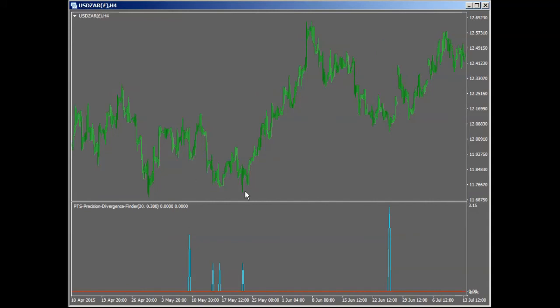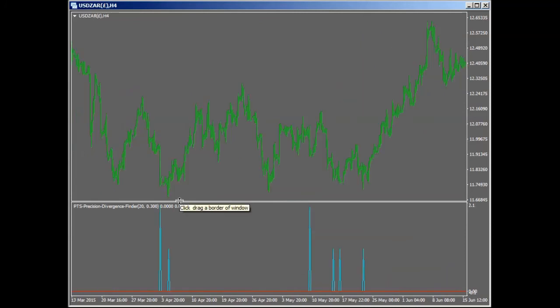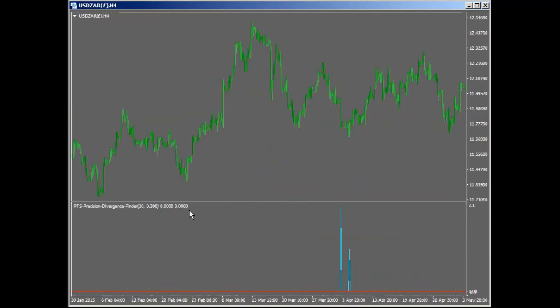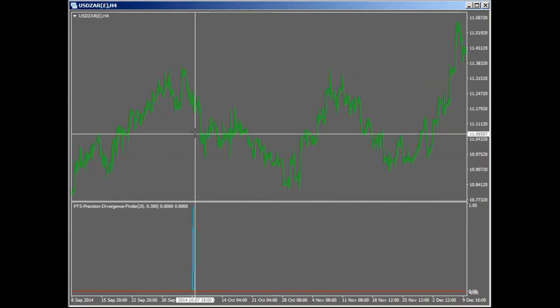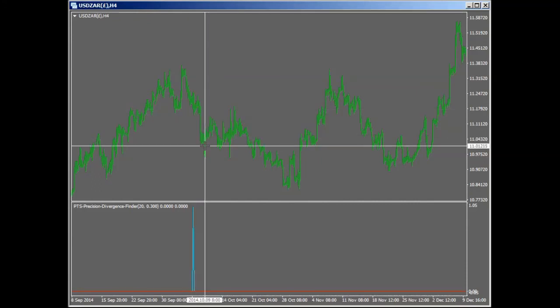And as we go back, you can see here and here, and you can get an idea how it works. Some of the signals are amazingly good. Some of the signals will be terrible, such as this one. Just after you buy, go straight down.